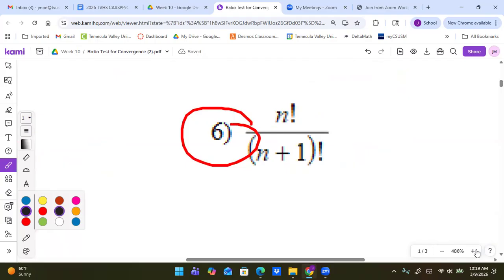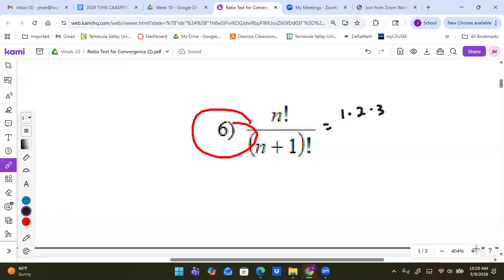Hey, let me show you 6 so you can try out number 7. All right, so up to n factorial. n's just a general number, so you do it like this: 1 times 2 times 3 times 4 times dot dot dot all the way up to the nth term. n is like a general number, like 10, 30, I don't know. But the point is, you count starting from 1 ending at n. Same thing with n plus 1, starting at 1 times 2 times 3 times 4 times dot dot dot times up.